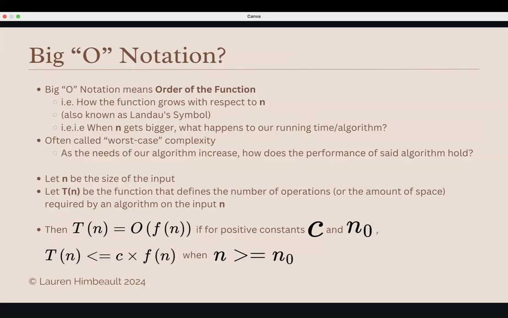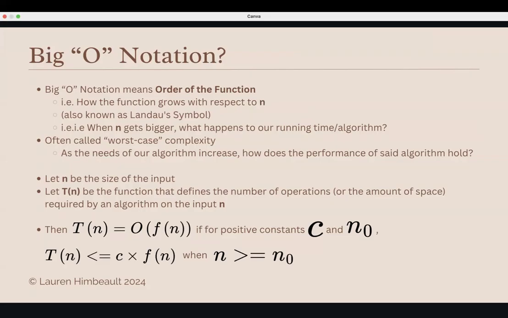When we were doing the linear search and binary search analysis, we stripped away that c and that -1 and that over 2. We stripped away all these constant values and just left ourselves with f of n, with what it was in terms of n.